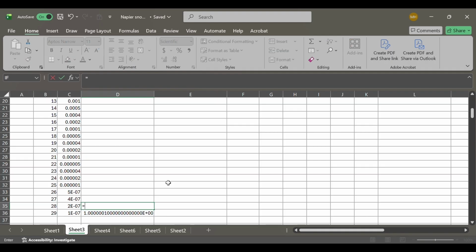And then we'll square that number. And then we'll square it again to get A to the 4th. And then A to the 5th will be A to the 4th times A to the 1st.